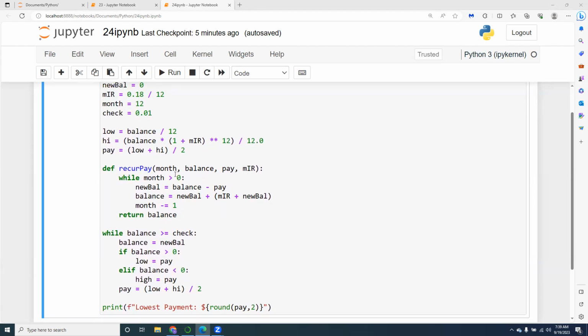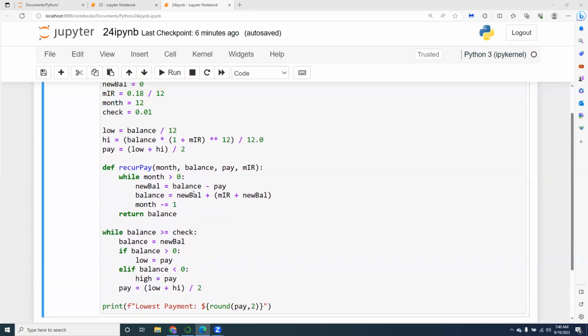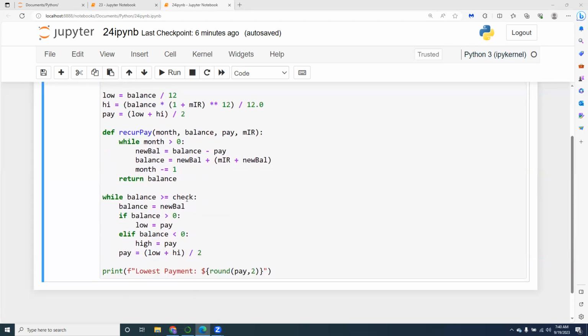So, whatever the first calculation is, it will run through it and then set it either as the high or low. So essentially, while that new balance is greater or equal than the check, which is the 0.01, so as long as we have a penny remaining, we would set the balance to the new balance here.